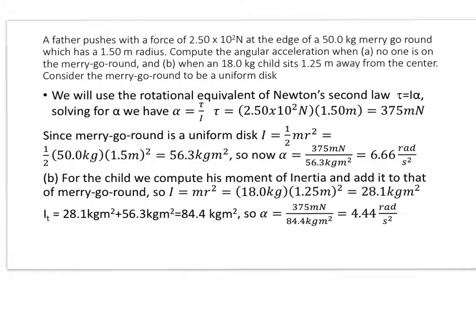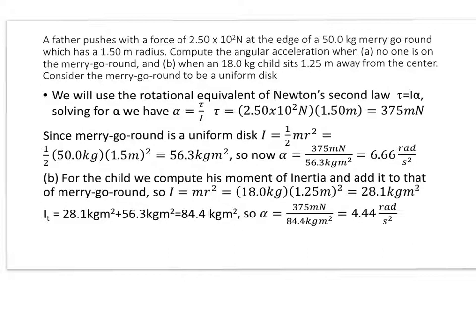We square that, so that's 56.3 kilograms square meters. Now we can solve for the angular acceleration, 375 meter newtons, the torque, over 56.3 kilograms square meters, the moment of inertia, so that's 6.66 radians per second squared.